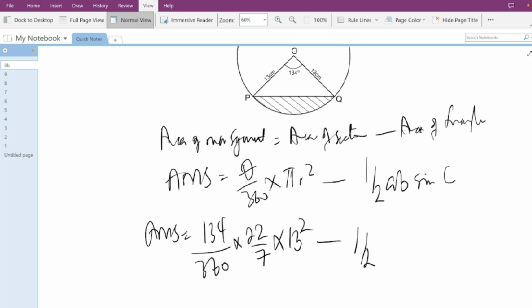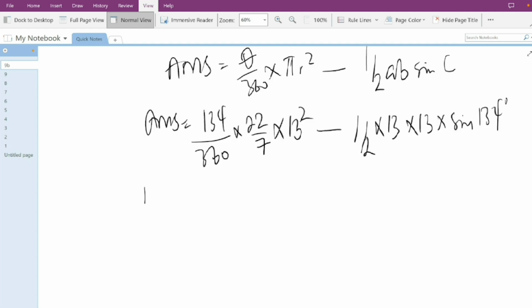So we have half times 13 times 13 times sine 134 degrees. We have it as area of minor segment AMS equals 134 times 22 times 13 times 13, because this is 13 squared, so we take the numerator, all the numbers on top first.